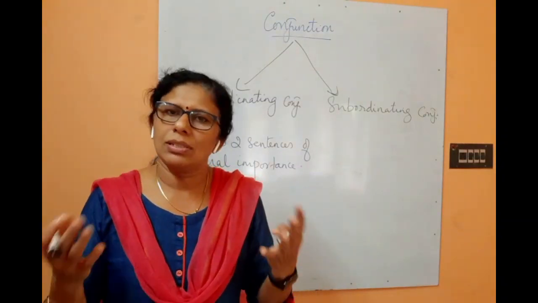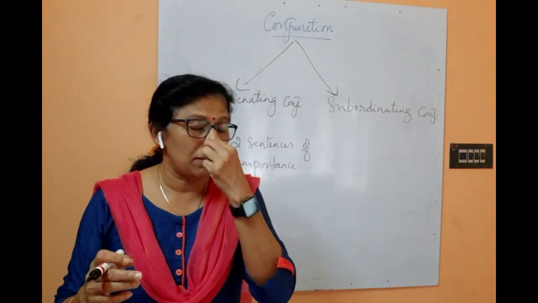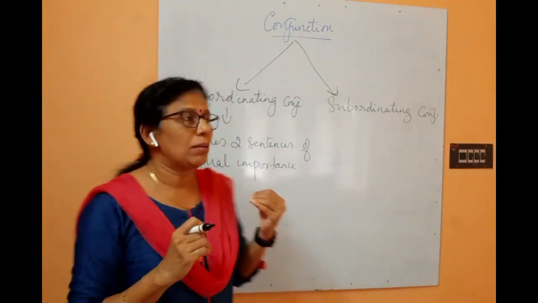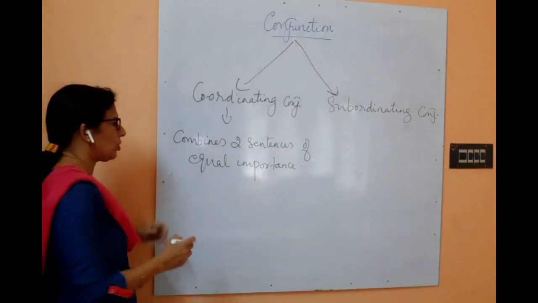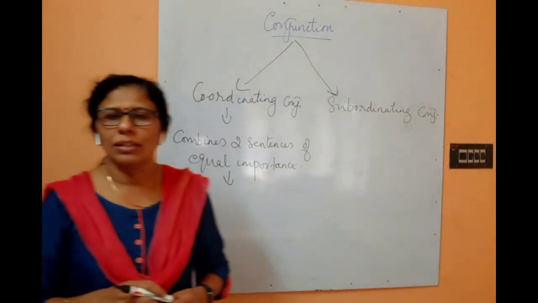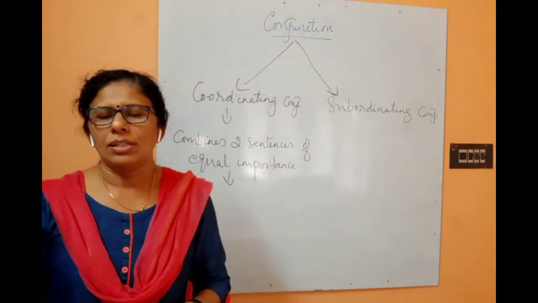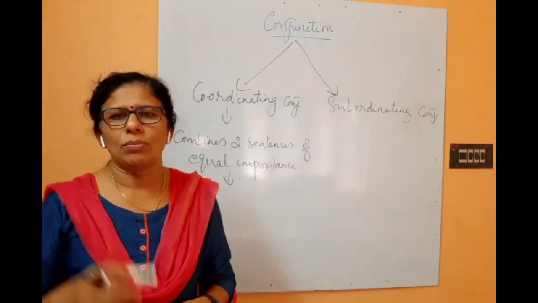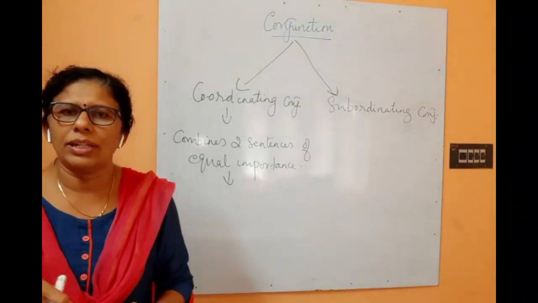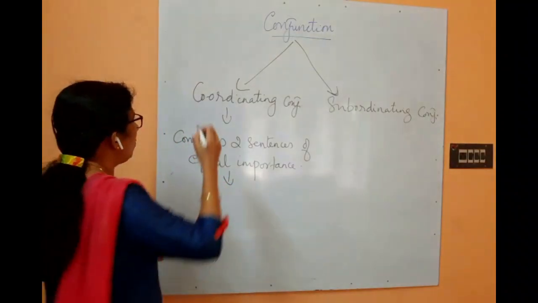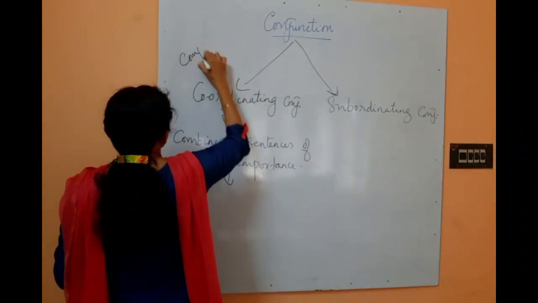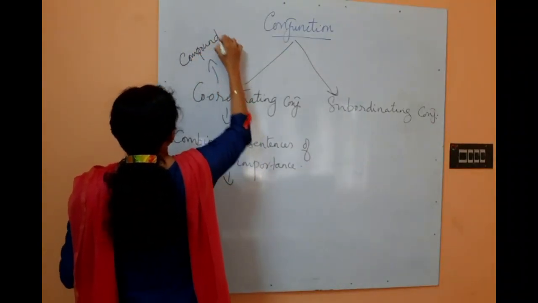Two main clauses means they are equally important, the same as sentences. Sentences, or main clauses, or independent clauses are combined with the help of coordinating conjunction to form what kind of sentence? Any idea? Compound sentences.